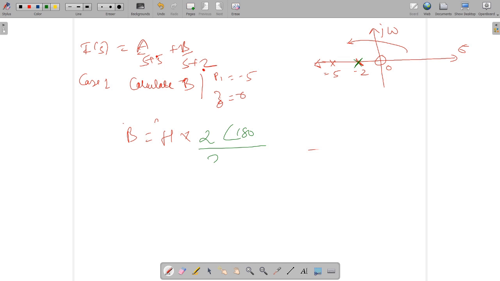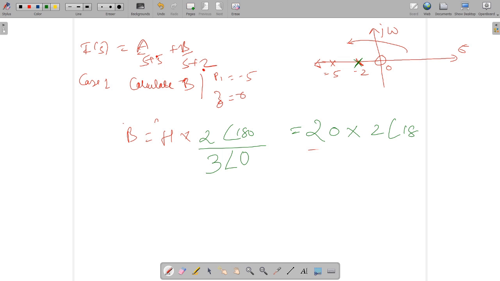So the magnitude will be 3, and the angle will be what? You see, the angle will be 0 only, because minus 2 is not here. Minus 2 is just below, just smaller than the minus 5. So what will be your phasor distance angle? That is 0.